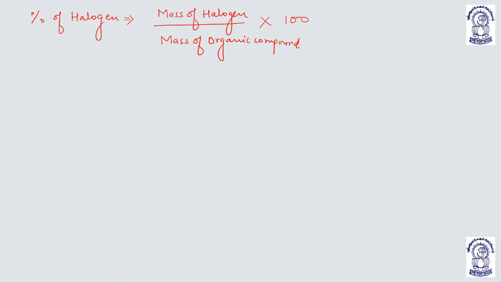Now, mass of halogen we have calculated in the previous slide: x upon 108 plus x into A grams, upon mass of organic compound W, into 100. This is the formula of percentage of halogen.